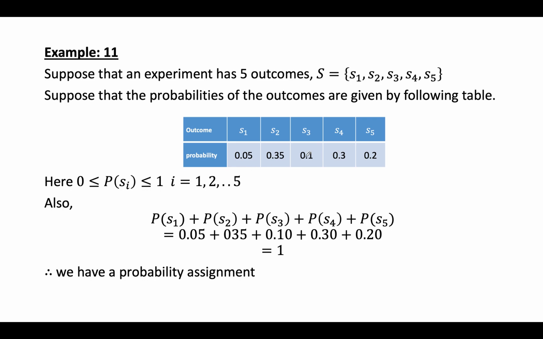Here, we notice that the probability of every sample point in the sample space is between 0 and 1. And if we add all the probabilities together, I'm getting 1 at the end, which is a probability assignment.